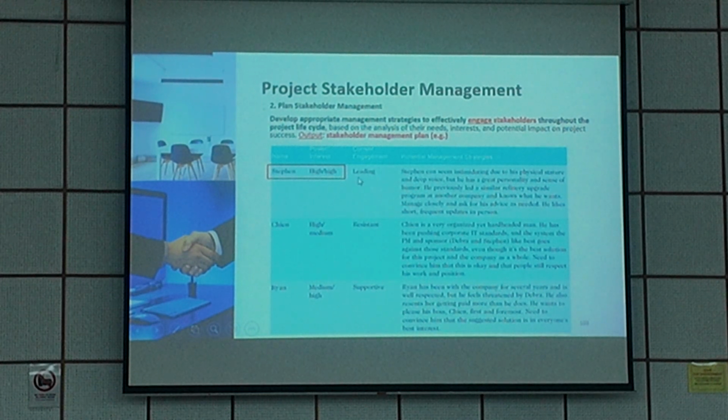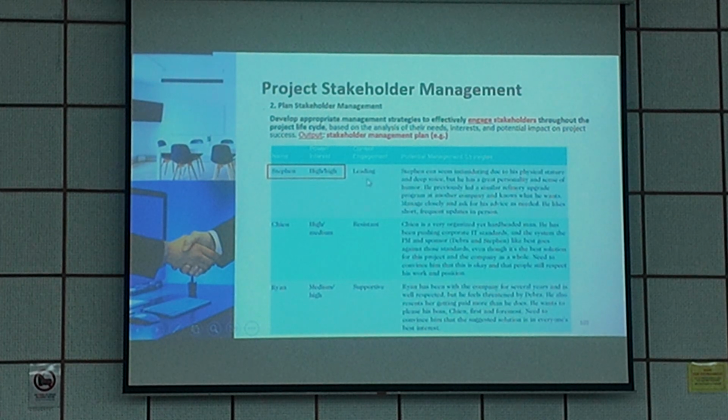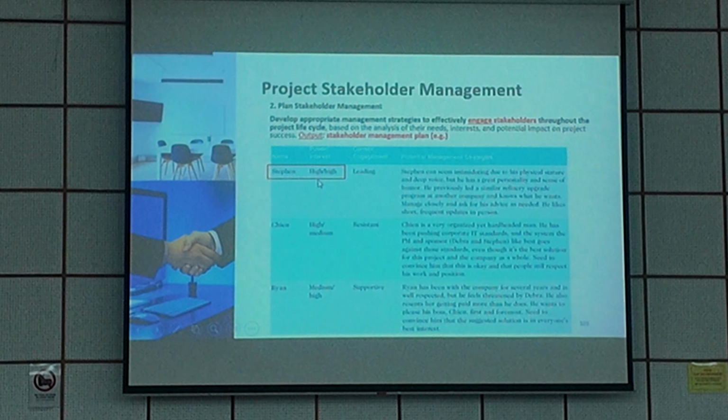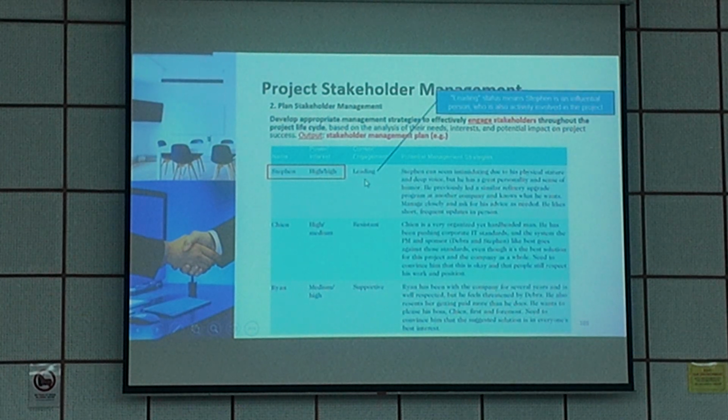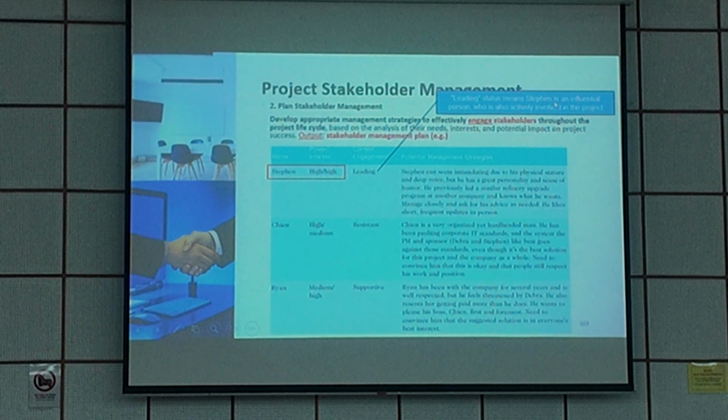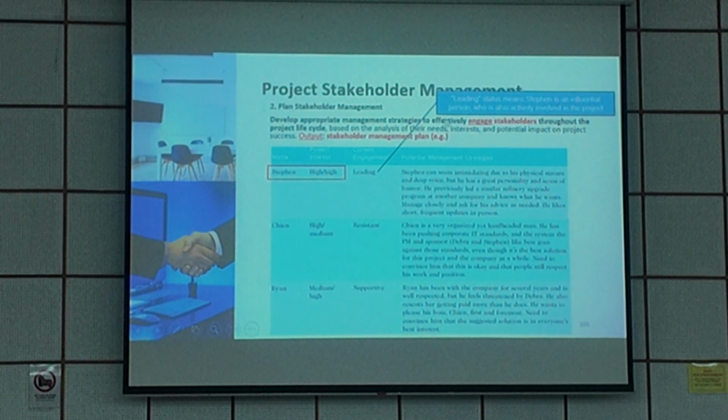This is an example of how to engage with the stakeholder. Stephen, power or interest high. Leading means Stephen is an influential person who is also actively involved in the project. He is a powerful person in the project.